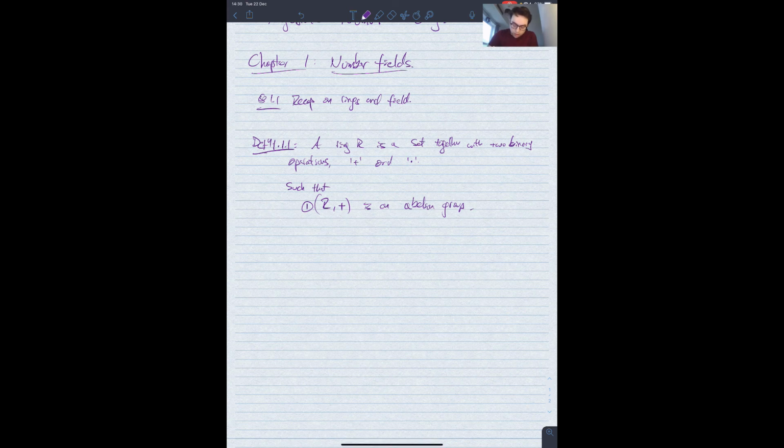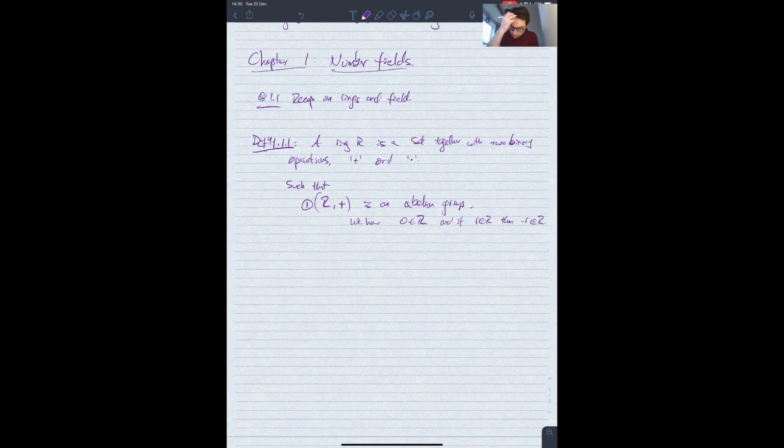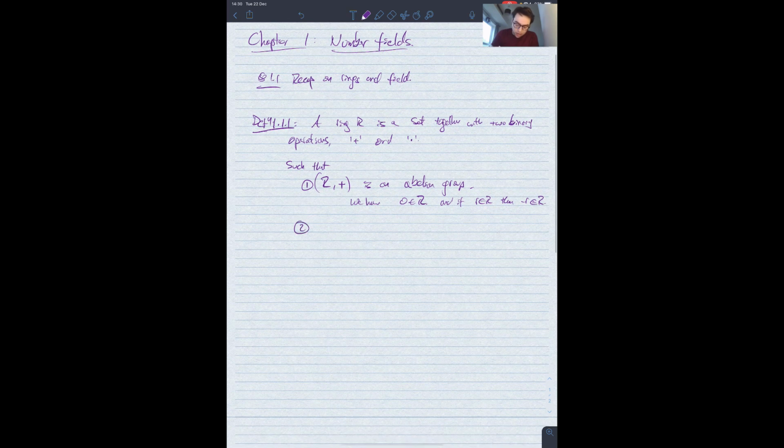So, i.e., we have, for example, the element 0 is contained in R, and if r is in R, then you have an additive inverse, minus r is in R. Okay, so we want it to be an abelian group under addition, and for multiplication, we want it to be associative and distributive. So what does this mean?